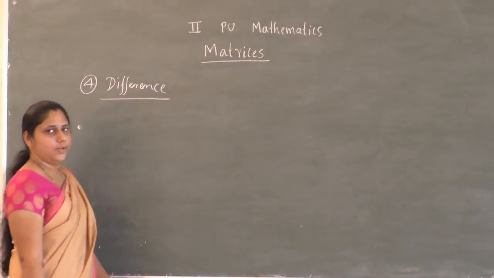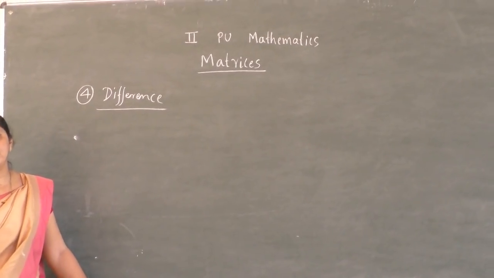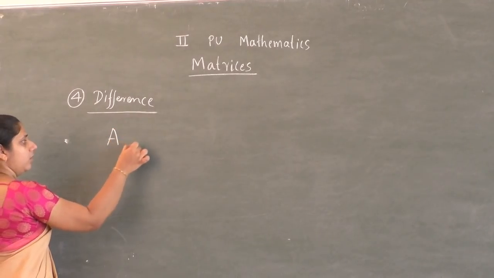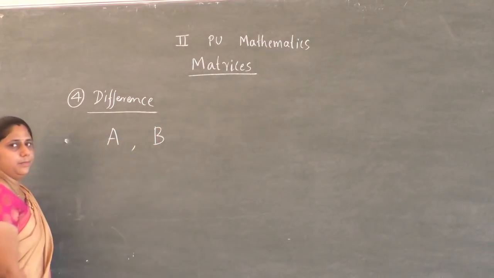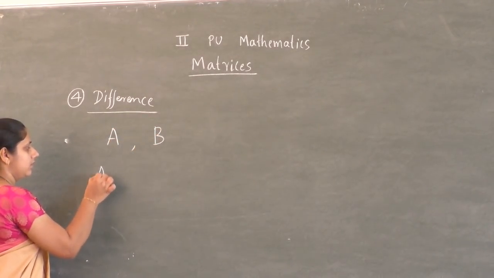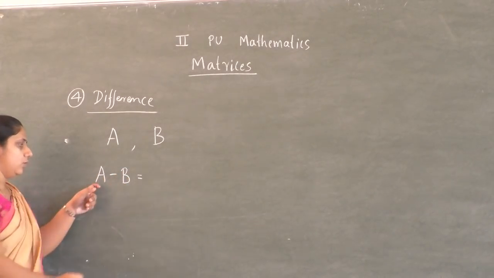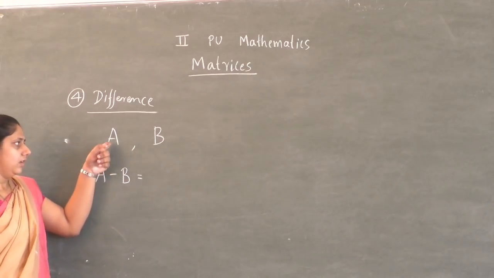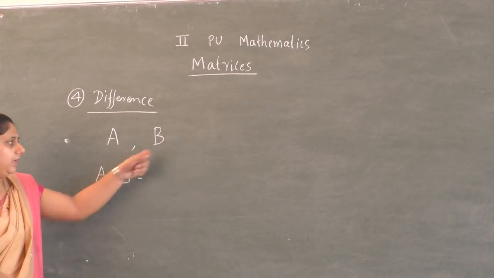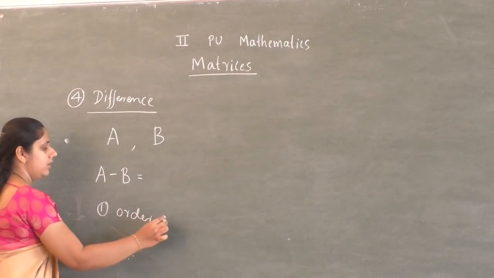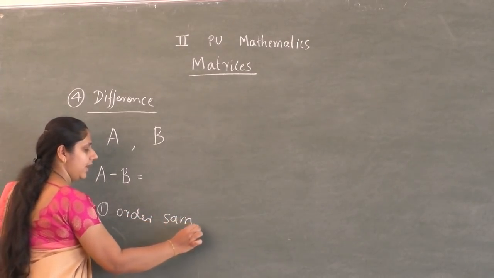The fourth operation is difference of two matrices. We have two matrices A and B, and we have to find the difference between A and B. So to find A minus B, the order of A and B must be the same. So the first condition is that the order must be the same.